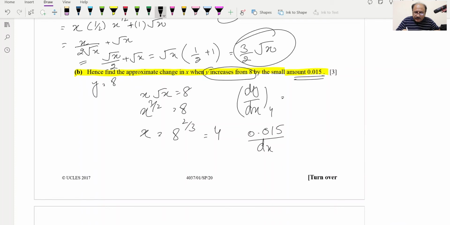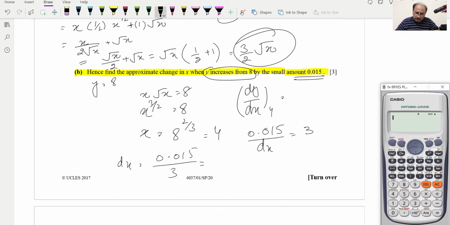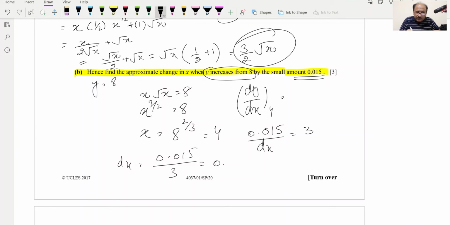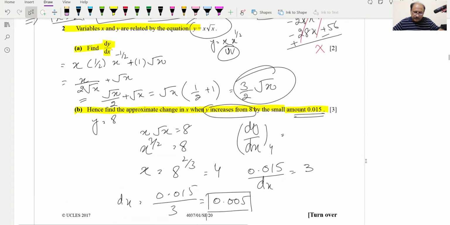So dy over dx is equal to 3, and we can rewrite it as dx will be equal to 0.015 divided by 3, which is equal to 5 into 10 to the minus 3, or we can write 0.005, and this will be the change in x.